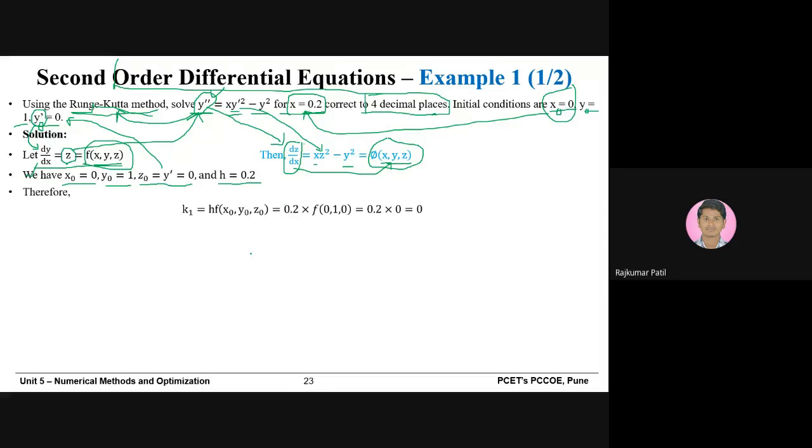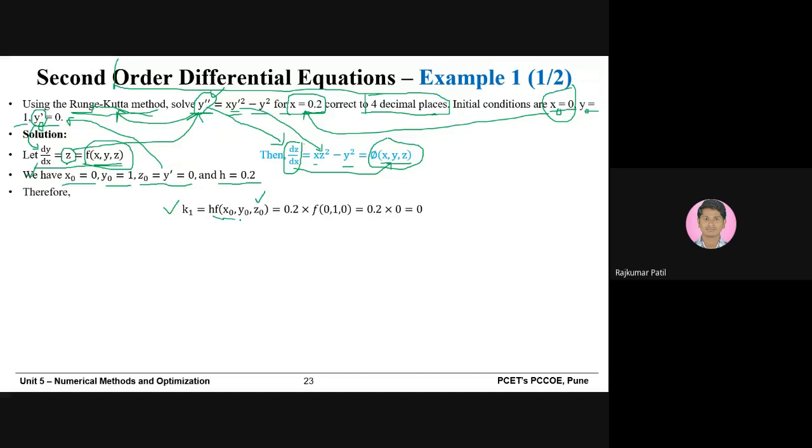Now, you can see the change in the formulas. So while calculating k1, h of f of x naught, y naught, and z naught. So you see additional term in Runge-Kutta second order method, which was not there in previous problem. So this is the additional term.